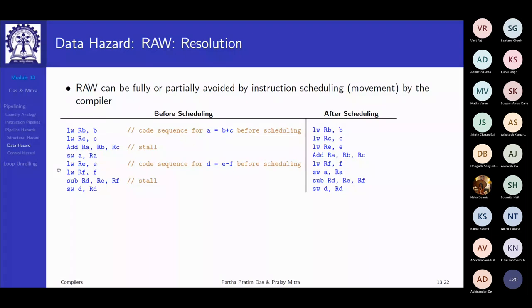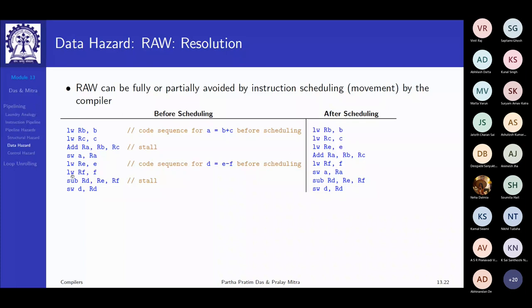So we can promote this instruction before add. If we promote this instruction before add, then instead of having a NOP for a stall, we get the benefit that it will utilize those wasted cycles.